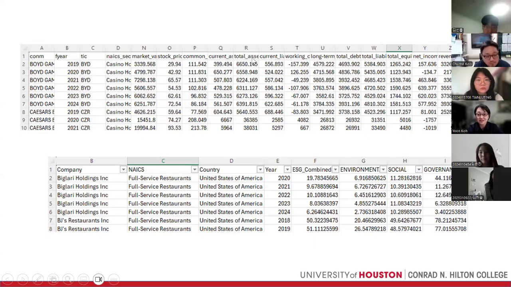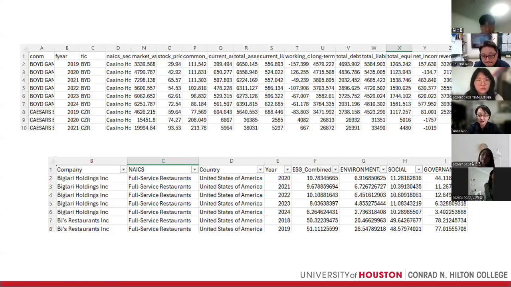Assets, and then it moves on to liabilities and then equity, and then moves on to the income statement, like revenue and net income and so forth, so that I can calculate different kinds of dependent variables.